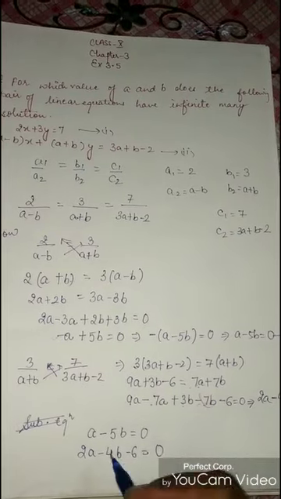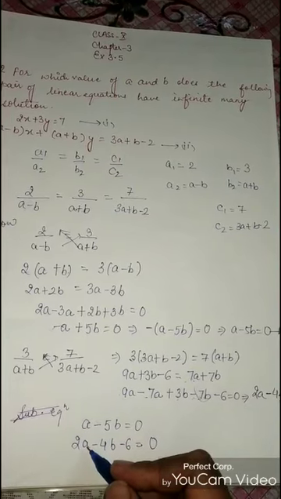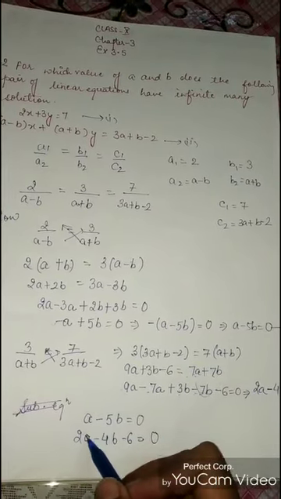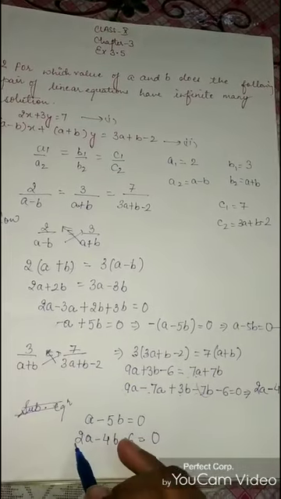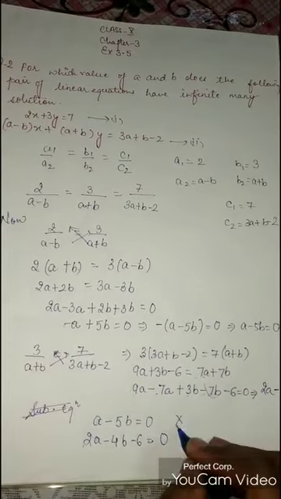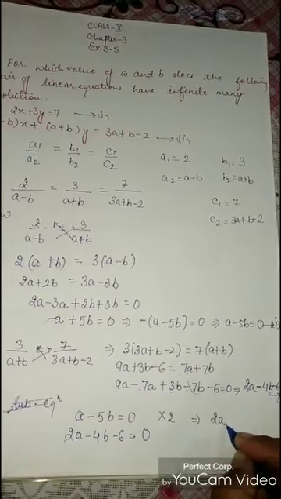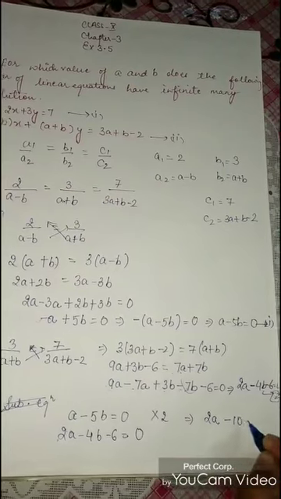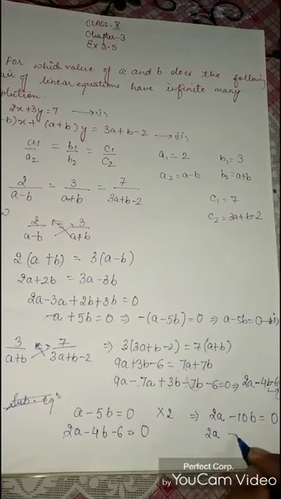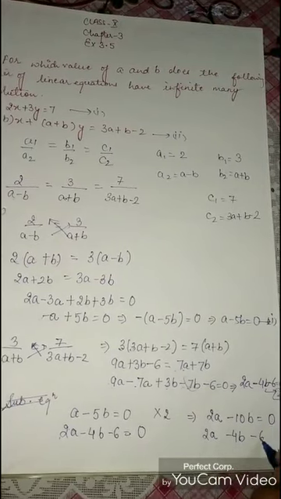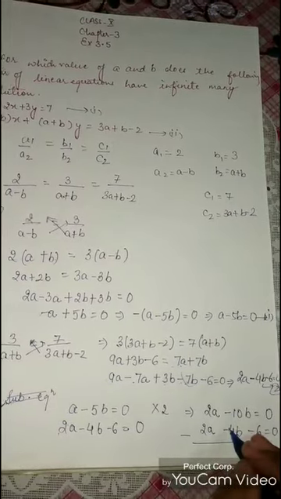I am using the elimination method. For the elimination method, first we have to make one variable the same. So I want to make this a the same. Here it is 2a. To make this 2, we have to multiply the full equation by 2. So you will get 2a minus 10b is equal to 0, and here it is 2a minus 4b minus 6 is equal to 0. Now subtract this, the sign will change.